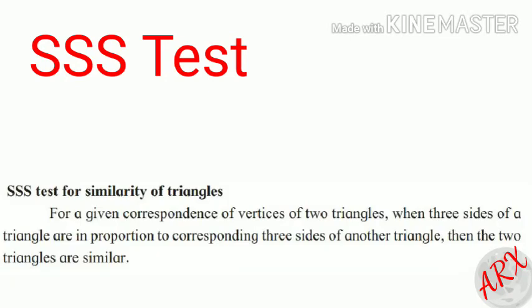Now we will see the first test of similarity, that is SSS test, means side side side test. The definition can be given as, for the given correspondence of two triangles, if 3 sides of one triangle are in proportion with the 3 corresponding sides of the other triangle, then these two triangles are said to be similar by SSS test.